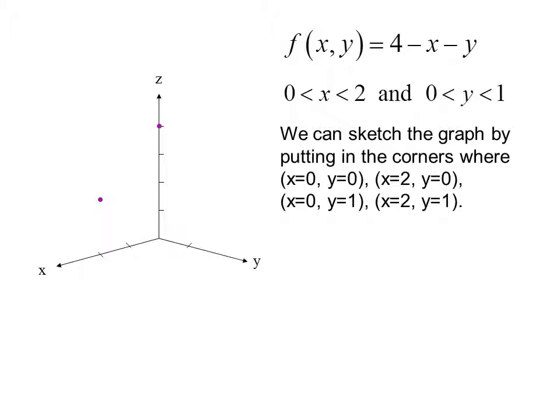Where x equals 0, y equals 1, f(x, y) equals 3. And where x equals 2, y equals 1, f(x, y) equals 1. Remember, f(x, y) is the same as z. Now we draw our shape.